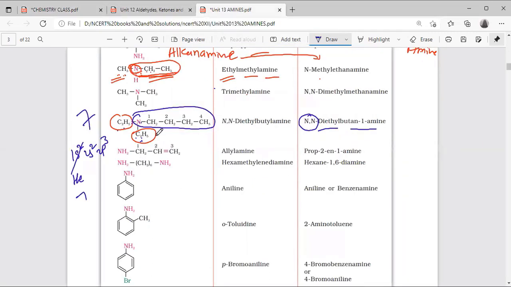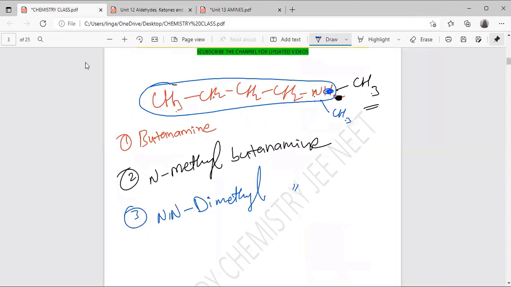Next. Sir, but how can C2H5, how will the structure be then? What is C2H5? C2H5 is nothing but CH2, CH3. This is only C2H5.